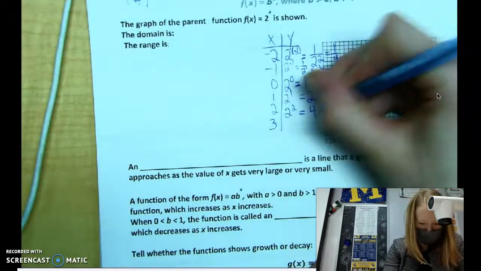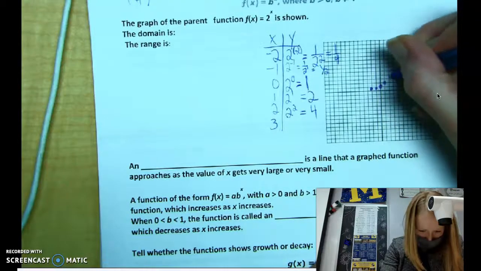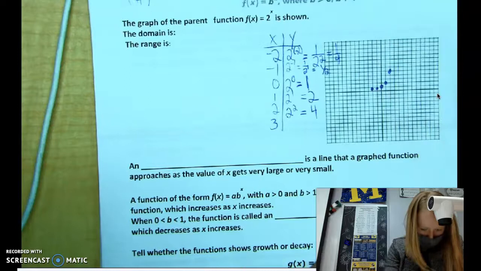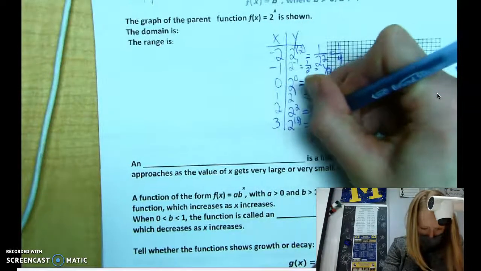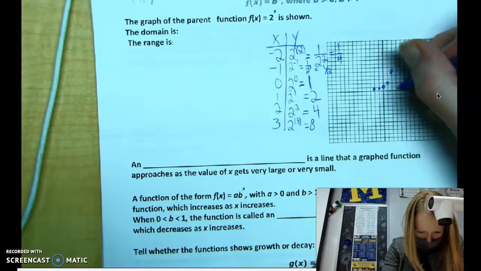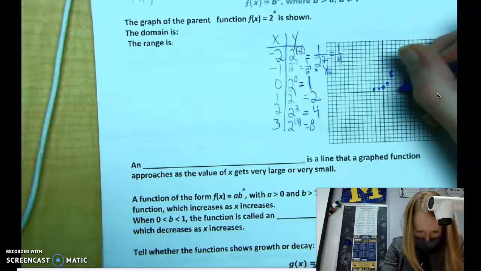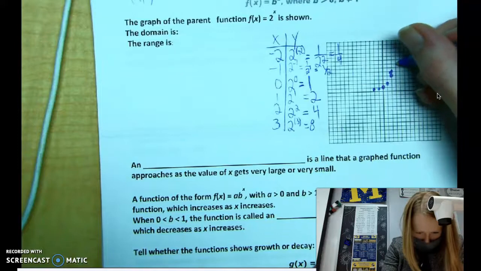Math is hard sometimes. So I have 1 comma 2, 2 comma 4. 2 to the third power gives me 8. So 3 comma 8, I counted wrong here. 1, 2, 3, 4, 5, 6, 7, 8.